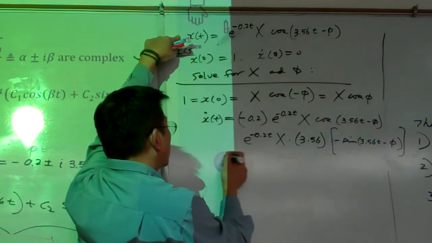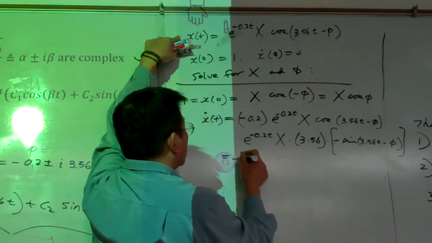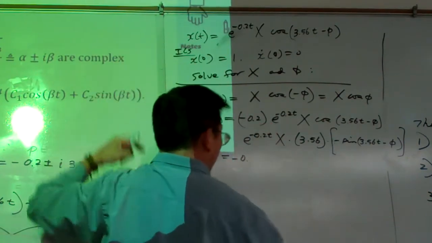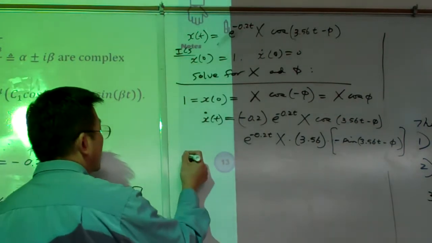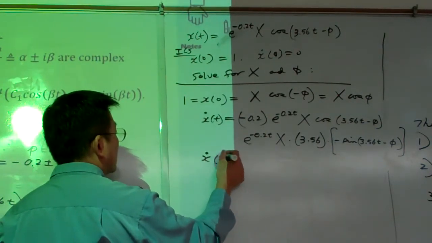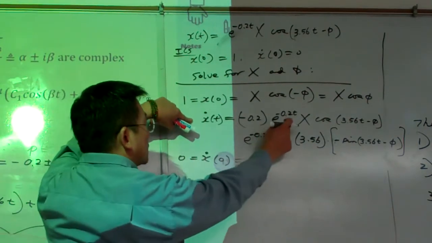So let me rearrange it. That will be minus 0.2 whatever. I don't want to spend time to rewrite that one. So in this way, the initial condition on the velocity is equal to 0. So we simply introduce t equal to 0 in these whole terms here.